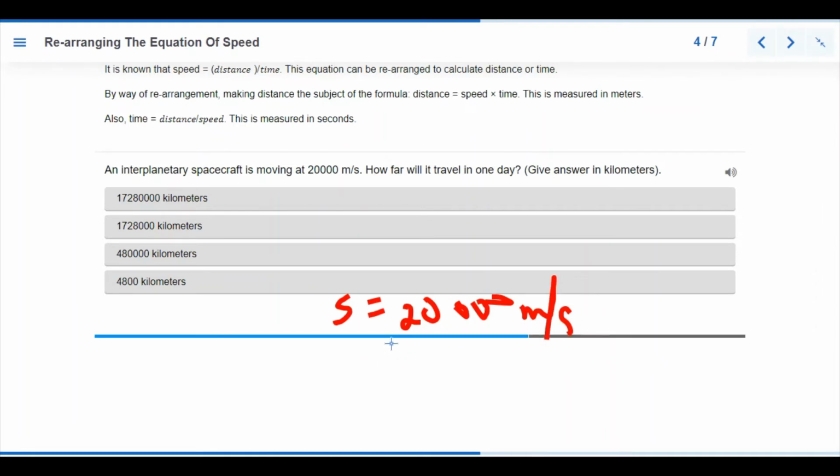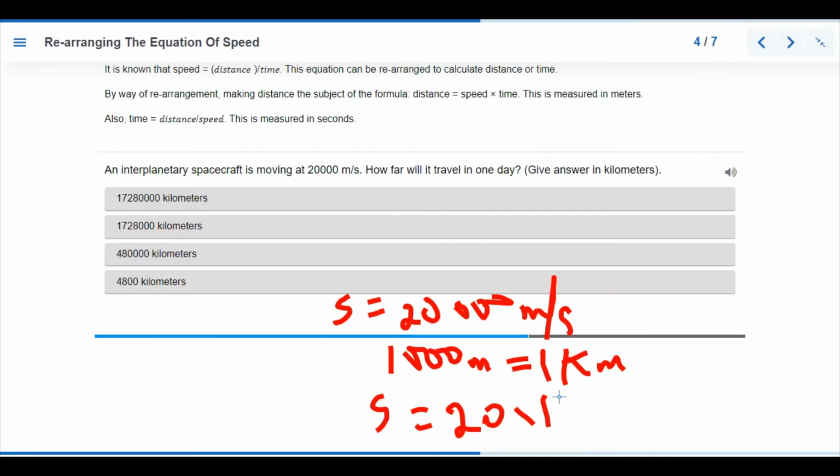Don't forget that 1,000 meters is equal to what? 1 kilometer. That makes the speed now 20 times 1 kilometer, and that is 20 kilometers per second.